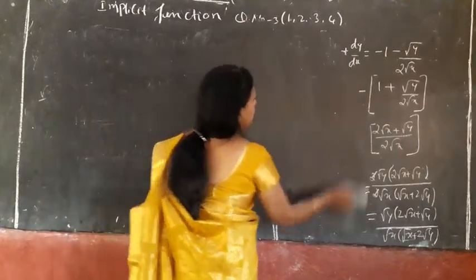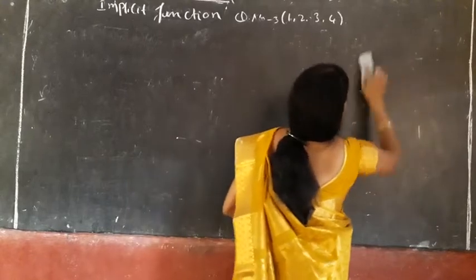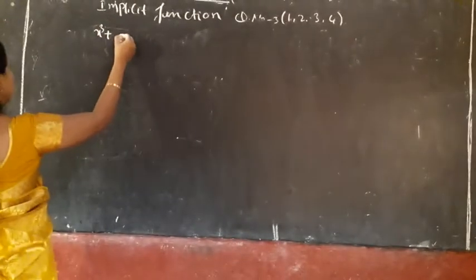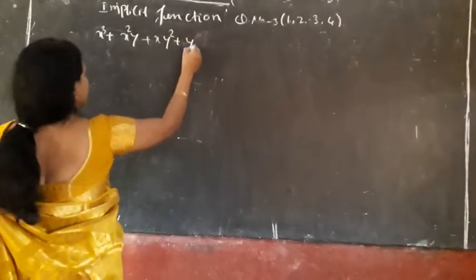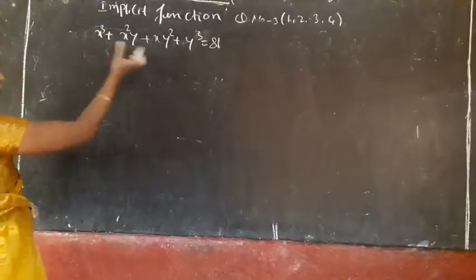Next, consider the fourth example. The fourth example is x cube plus x square y plus xy square plus y cube equal to 81. We can differentiate.